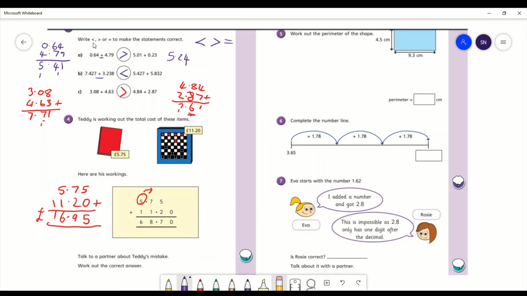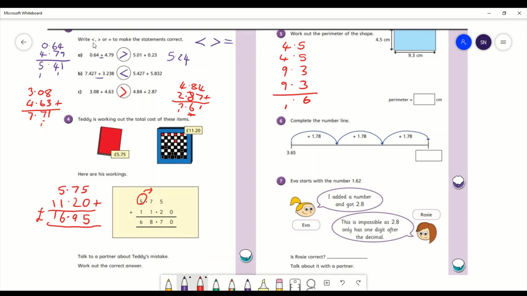Okay, a perimeter. So I'm going to do it in a column. I could either do 4.5 add 4.5, well I know that's 9, and then I've got 9.3, 9.3, add those together, so that's 10, 16 tenths.